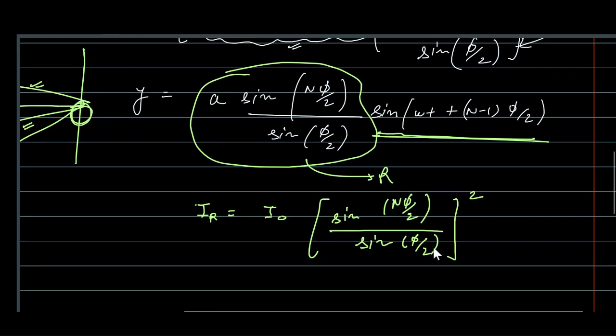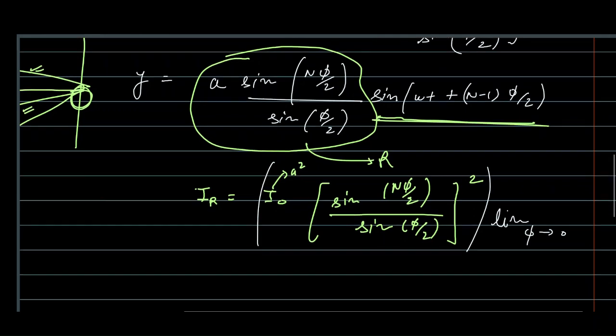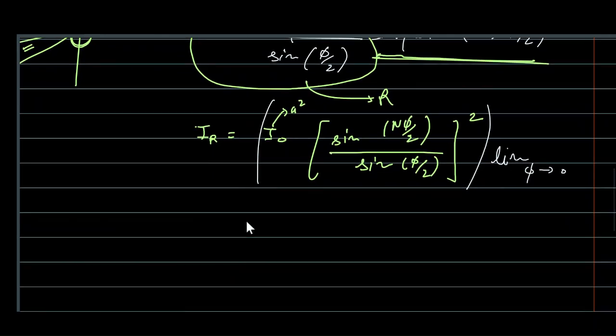So what we can check is this: I naught can be written as a square, and we can check what happens when we keep this expression as it is and take the limit as phi tends to 0. When we do this, sine square n phi by 2 can be approximated as n square phi square over 4 for small angles, as phi is tending to 0.